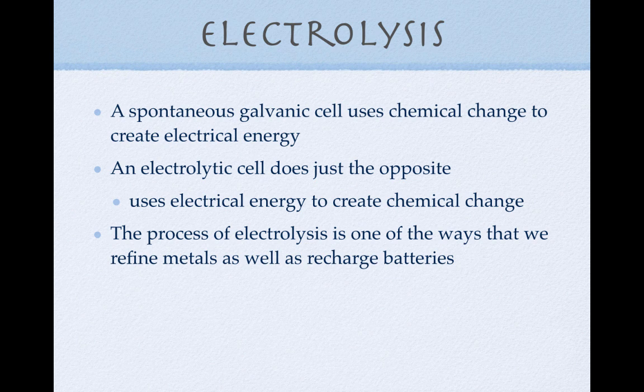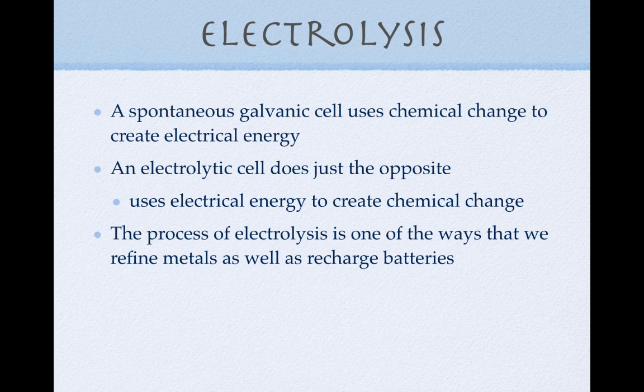It's one of the ways that we refine metals, so we can take metals that do not normally reduce, something like magnesium, which is a very easily oxidized metal. But if we want to reduce it to get metallic magnesium, we would have to force it to take electrons and become magnesium metal. Also, anytime that you are recharging a battery, you are forcing the galvanic cell to go in reverse, and that's what recharges your battery.